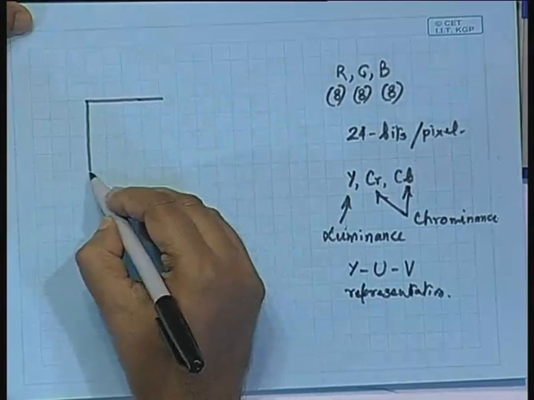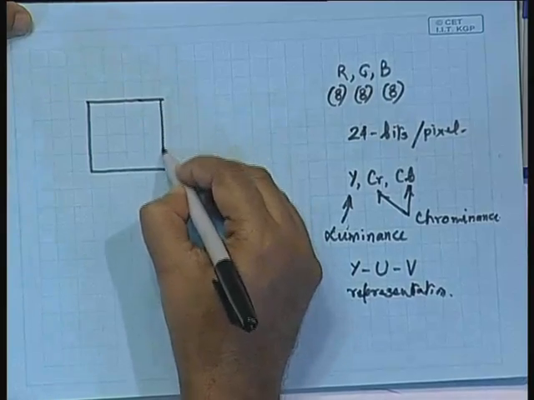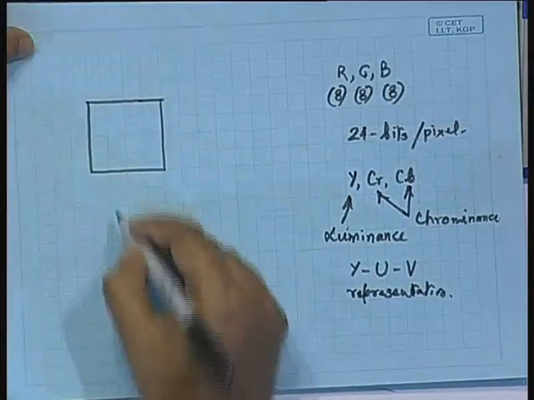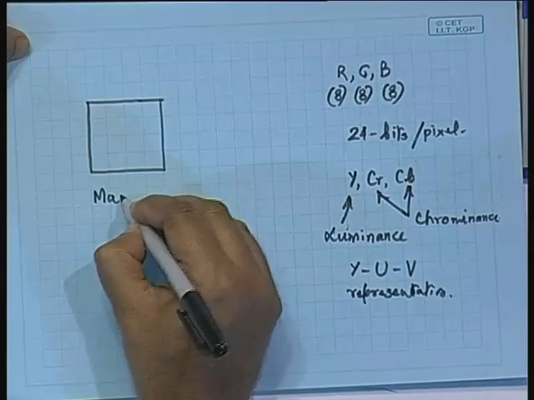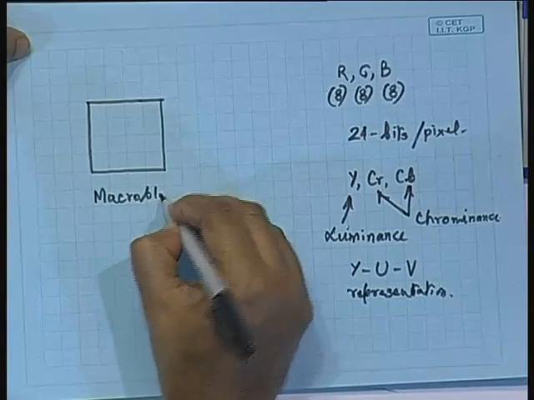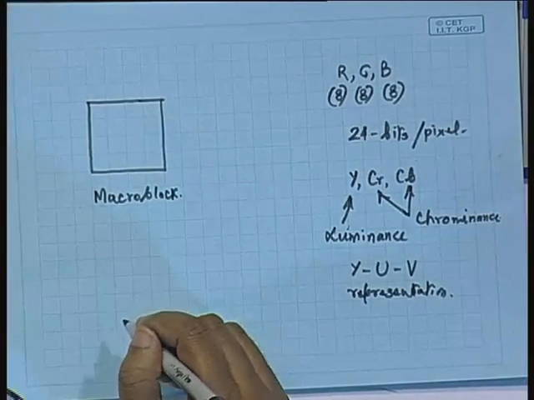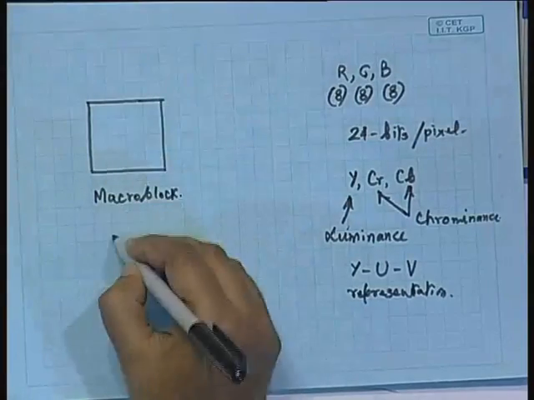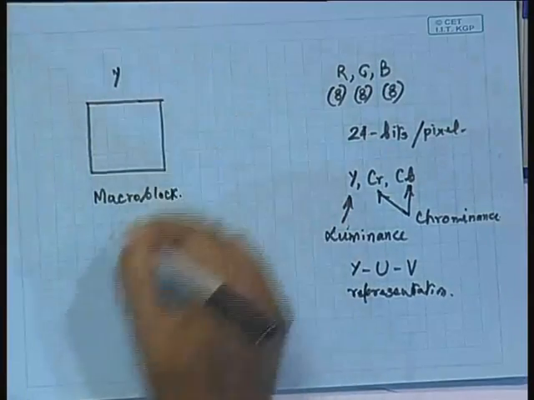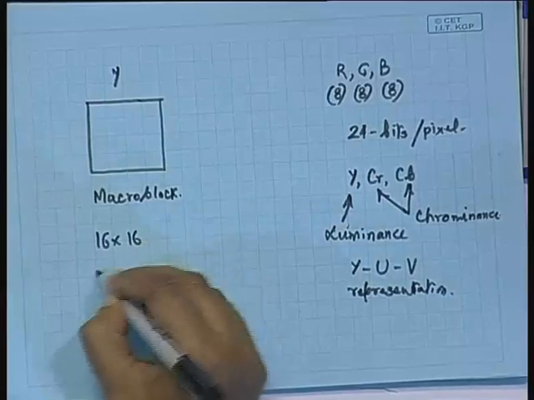This 16 by 16 size we call a macro block. Every macro block will consist of a luminance part of 16 by 16 pixels.